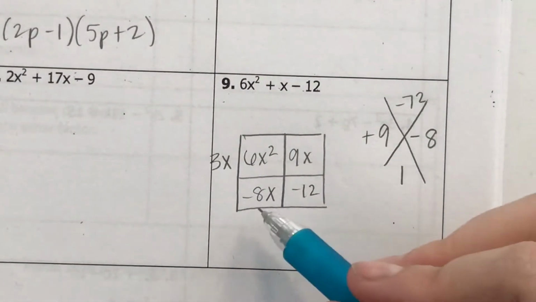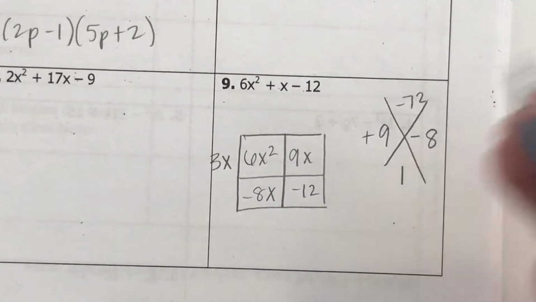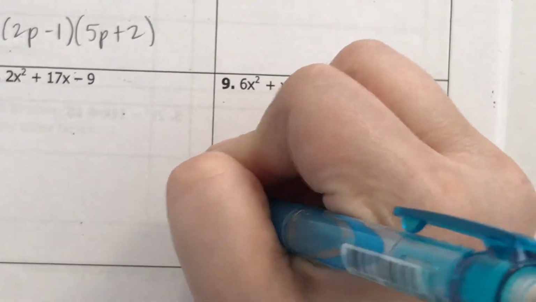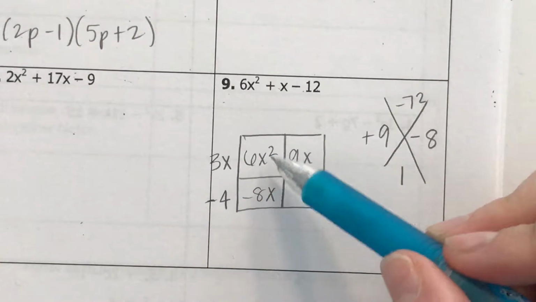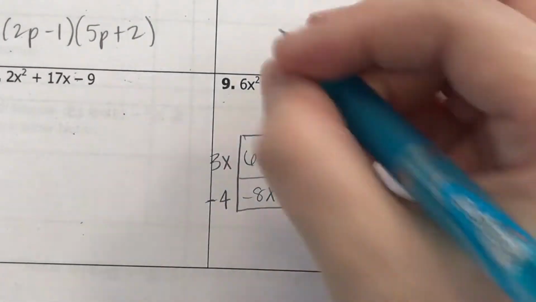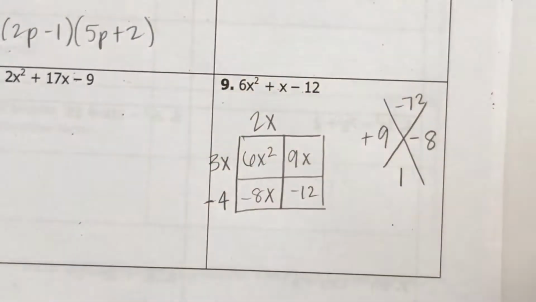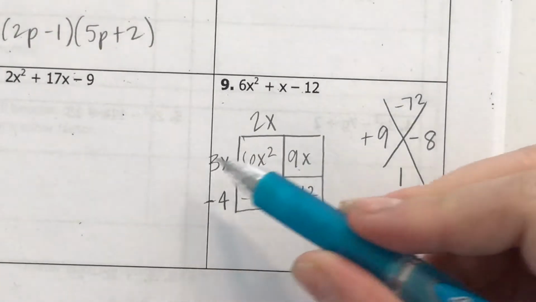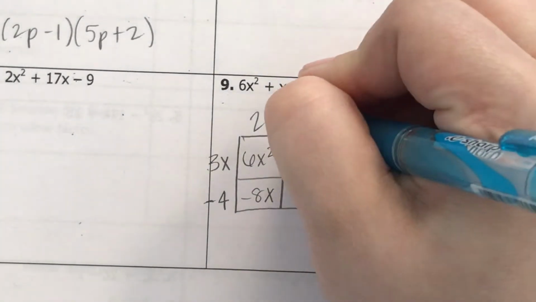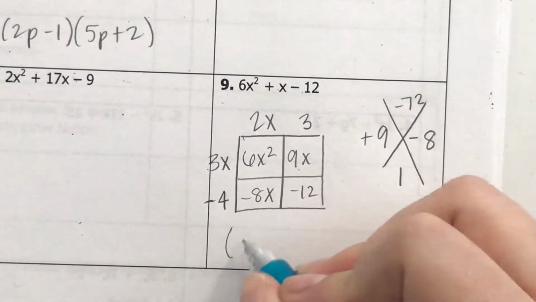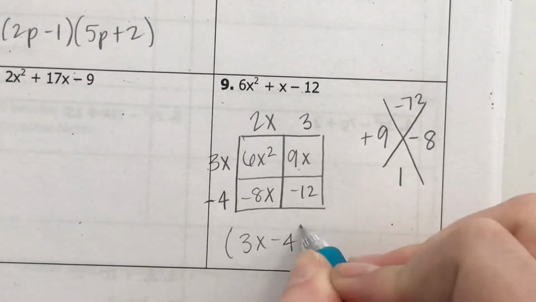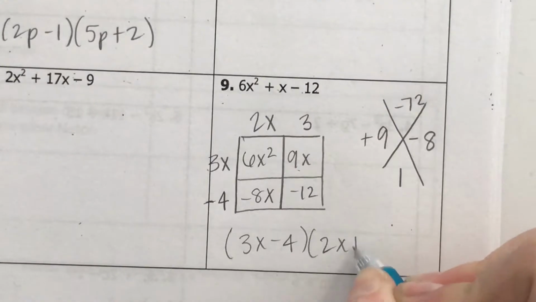These are both negatives, so I'm going to have a -4, because 4 goes into both of them. If I want to get to 6x squared from 3x, I have to multiply it by 2x. And then 9x divided by 3x is 3. Okay, so our factors are 3x minus 4 and 2x plus 3.